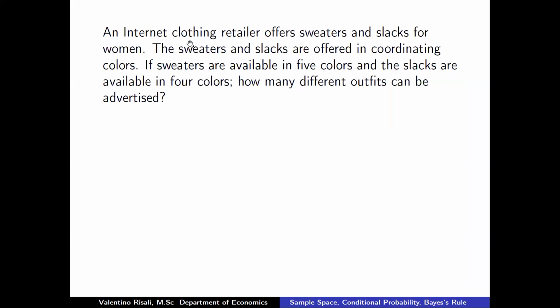Yeah, and for this problem, how many different outfits can be advertised?